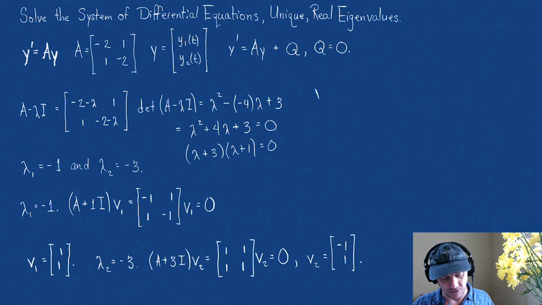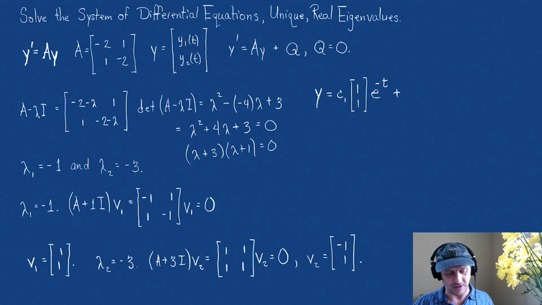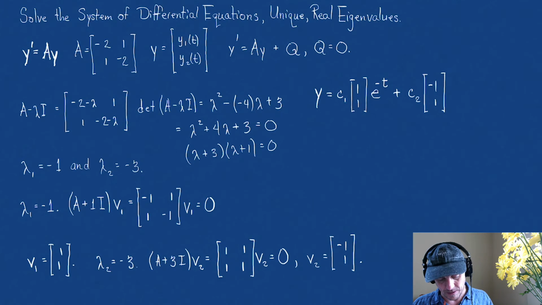So the vector solution, our complete solution, or null solution in this case, is c1 times the first eigenvector, which we said was 1, 1, times e to the minus t, plus c2 times our second eigenvector, minus 1, 1, times e to the minus 3t. And there we have it.